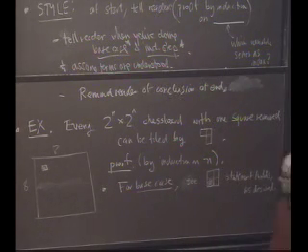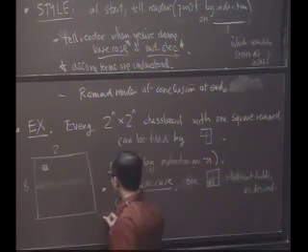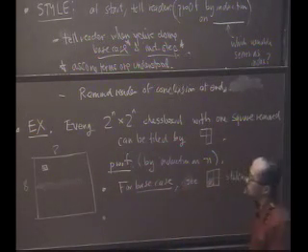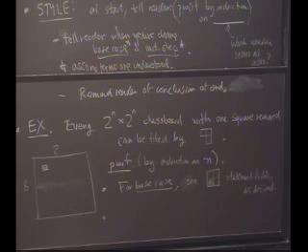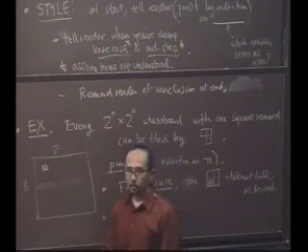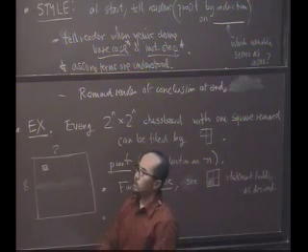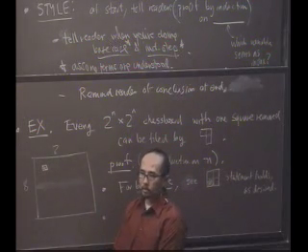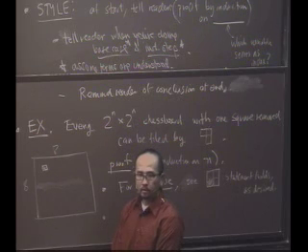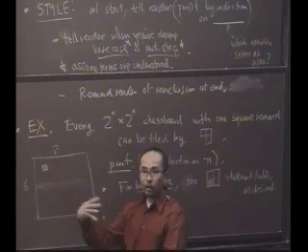Okay, now the question is, if it's true for the kth case, can I show it's true for the k plus 1th case? So let's just look at our picture here. Here is the 8x8 board playing the role of the k plus 1th case. K plus 1, that's what I'm trying to show, right?